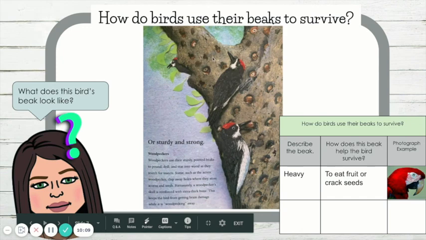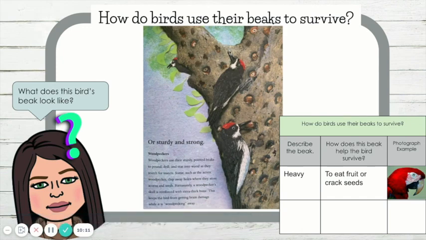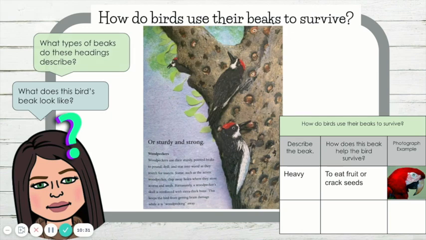What does this bird's beak look like? That's right, this bird has a small, pointy black beak. Its beak sort of reminds me of tweezers or scissors. What types of beaks do these headings describe?